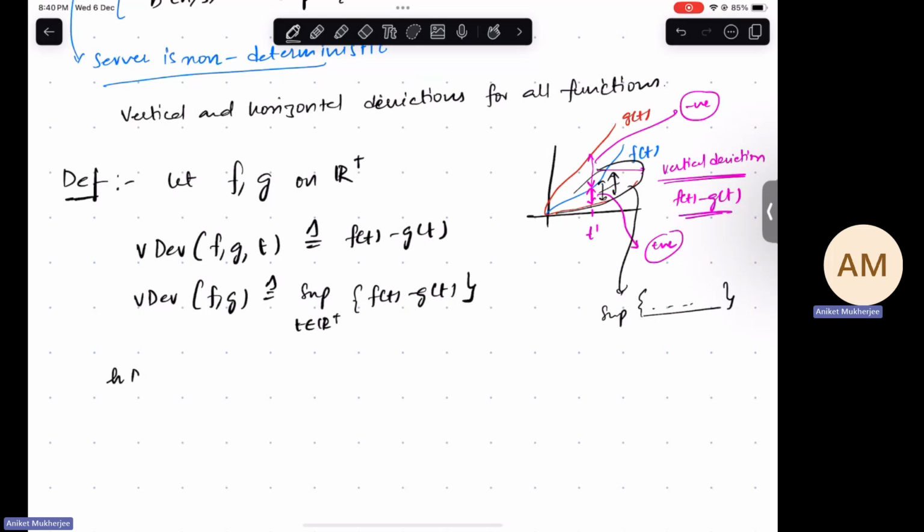Similarly, you have the horizontal deviation at time t.